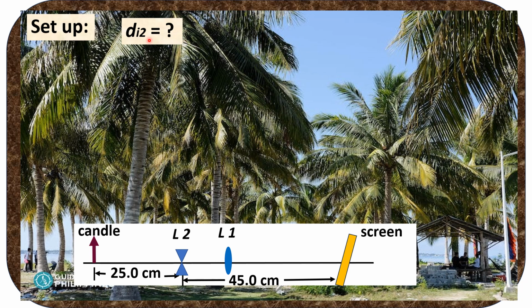So that is yet to be determined. Now, that image formed by the diverging lens will become the object for the converging lens L1, or d sub O1.